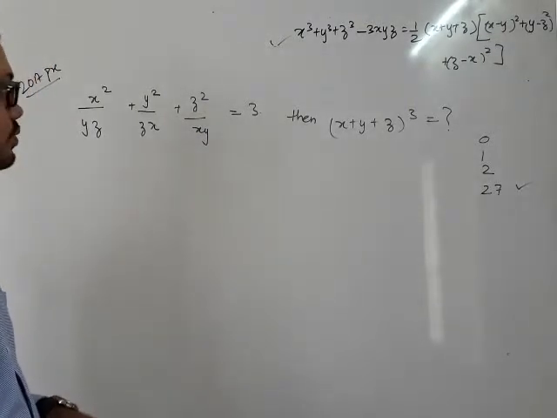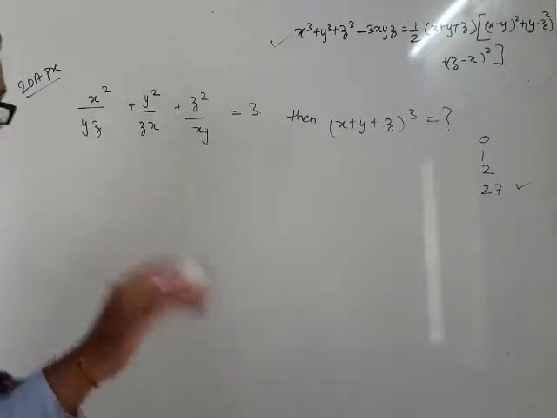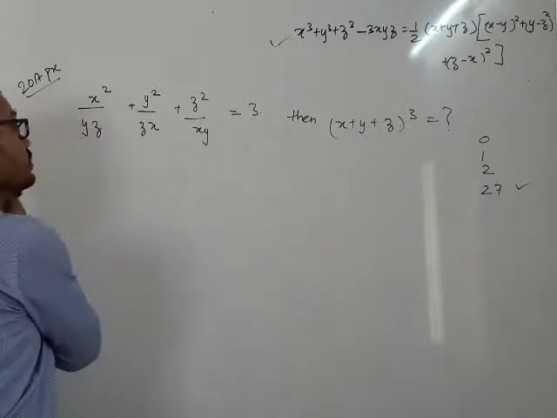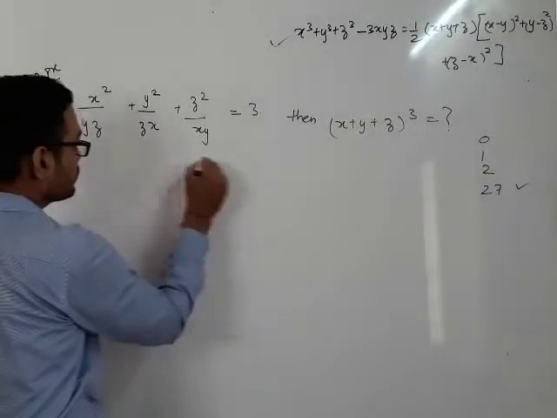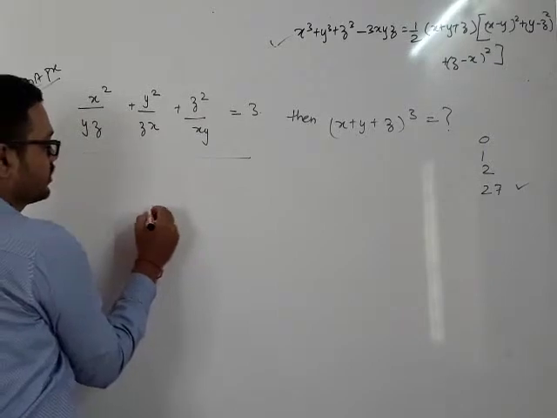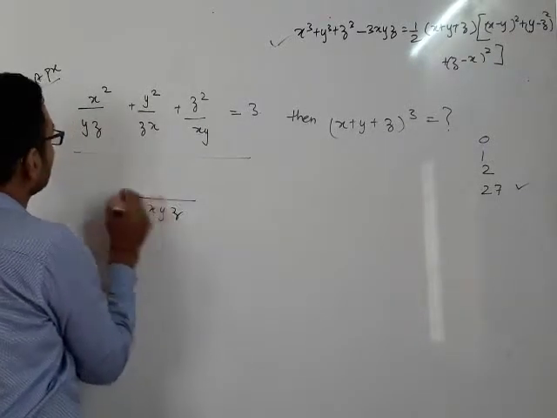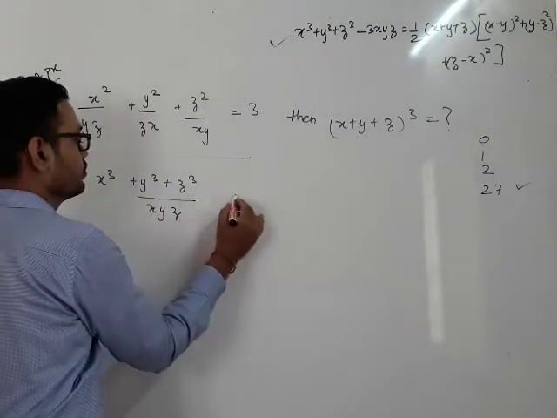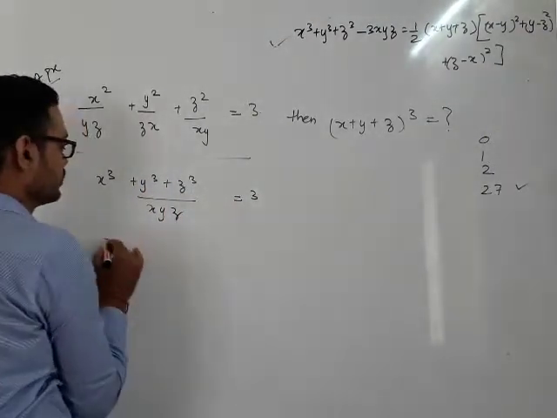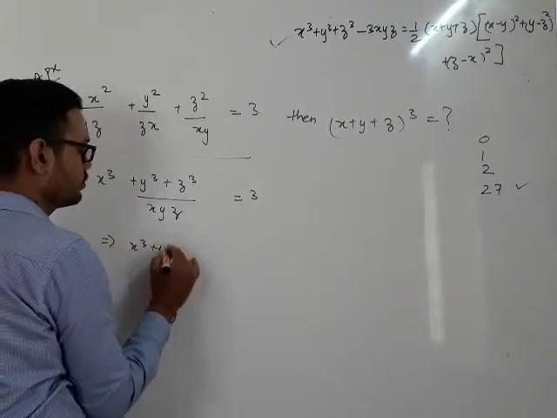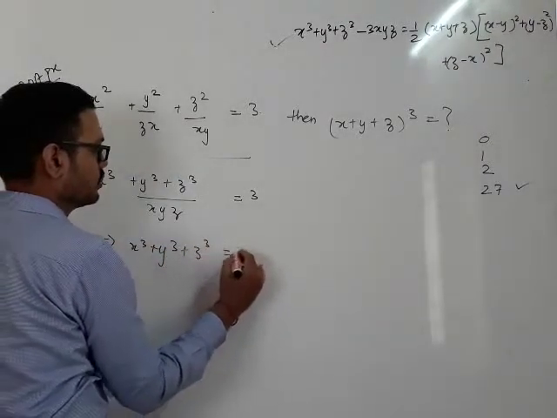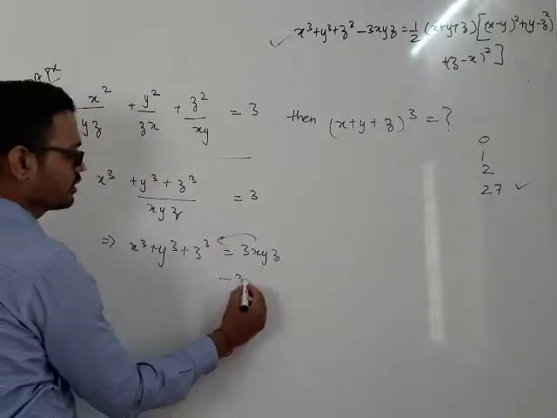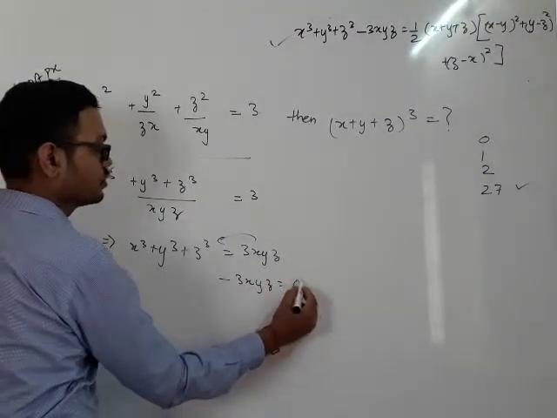Alright, but once you get such a question, you have to be careful, because there is a catch involved in this. So what is the catch? Let's take the LCM. So it becomes x cube plus y cube plus z cube, which is 3xyz, which means x cube plus y cube plus z cube minus 3xyz is 0.